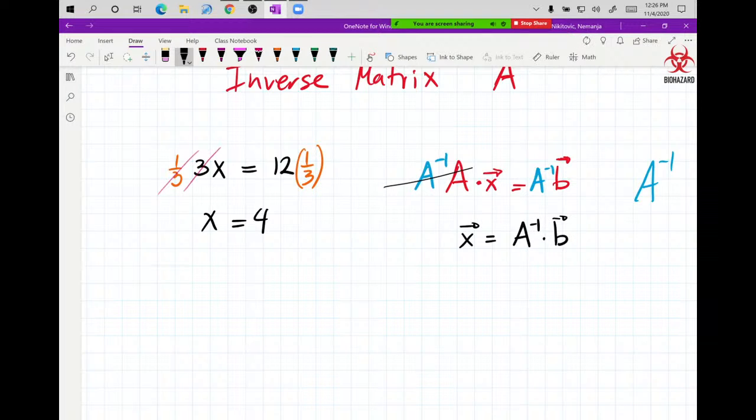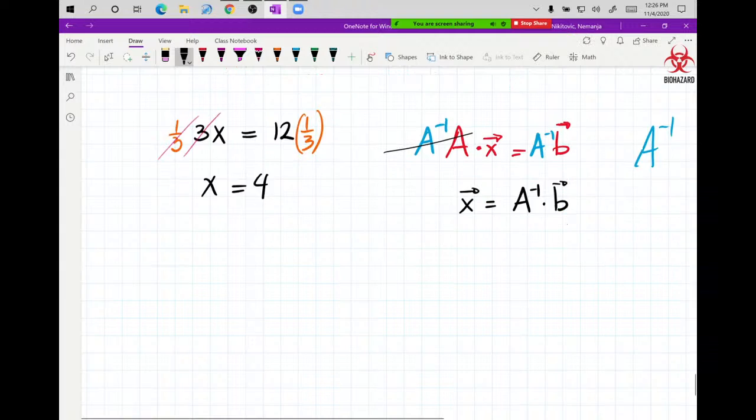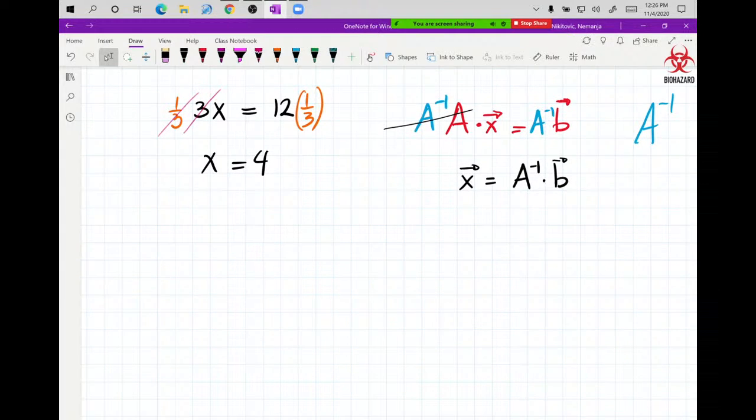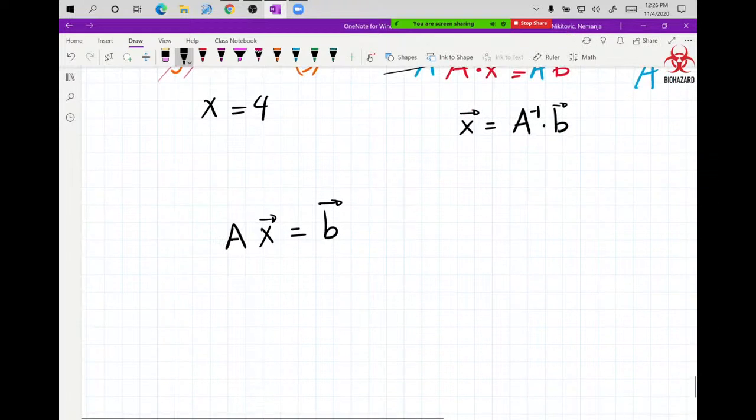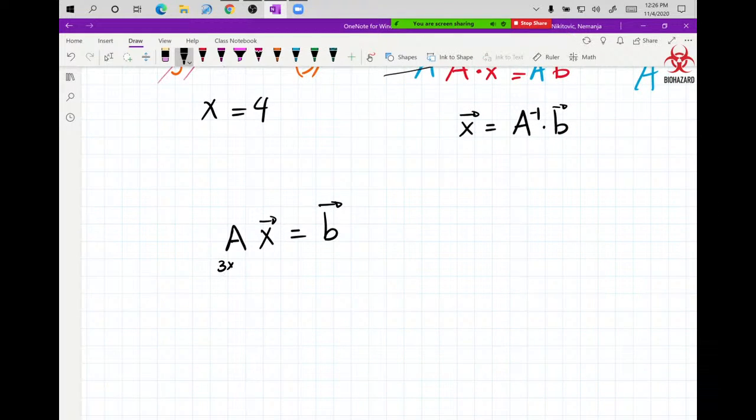Now, guys, that's a regular multiplication, right? So if your problem was A times X equals B, and let's say A is a 3 by 3 matrix, then X must be 3 by 1, and the result must be 3 by 1.